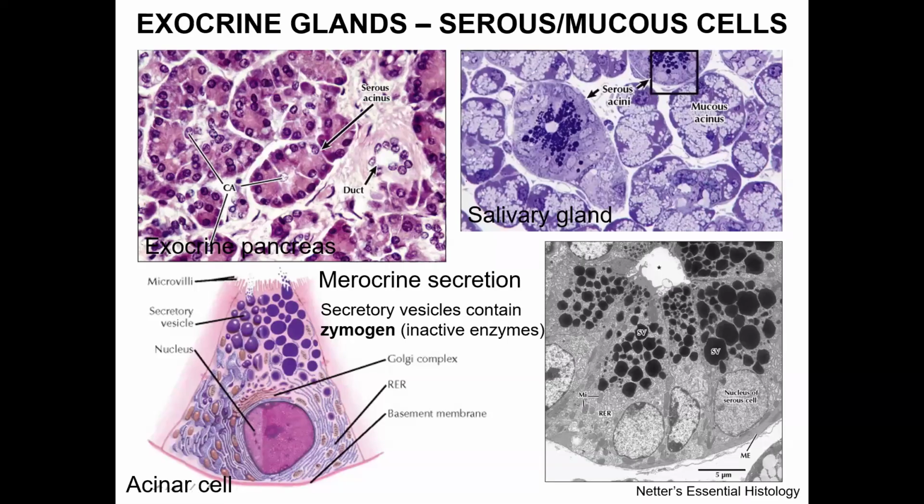And then there are the mixed acini where the serous cells are organized in the so-called serous demilunes, half moons at the periphery of the acini. Here the secretion is a merocrine secretion.